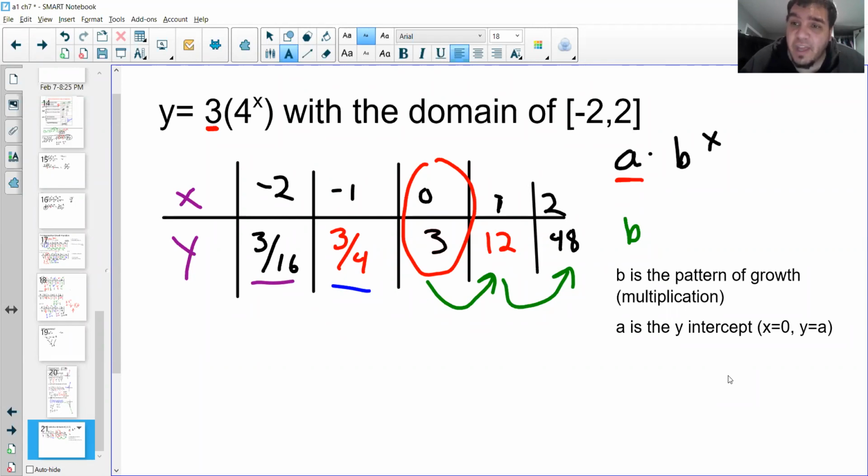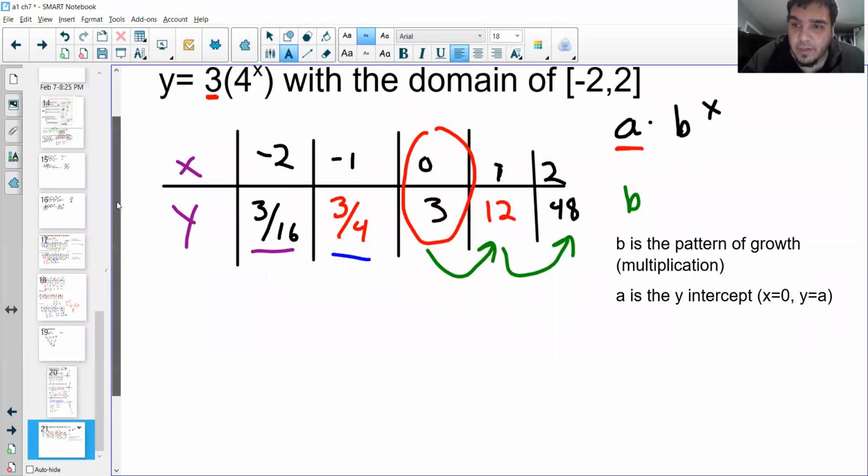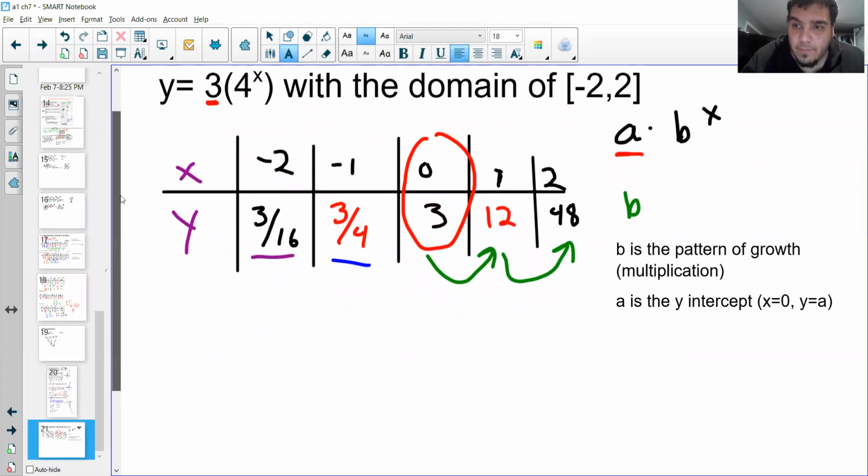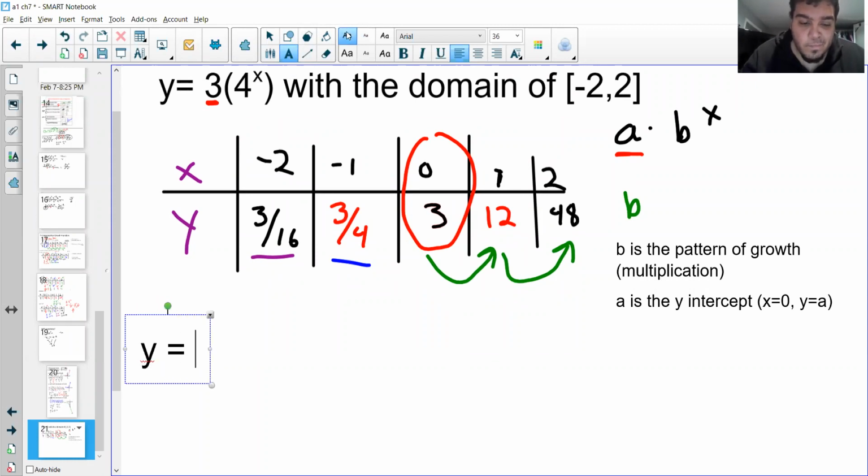Now, I promised Shank we have an easier way to do these problems, and I'm going to show you the easier way, or at least faster for sure. So we're going to do one more example. Y equals, let's do 4 to the 2x power.